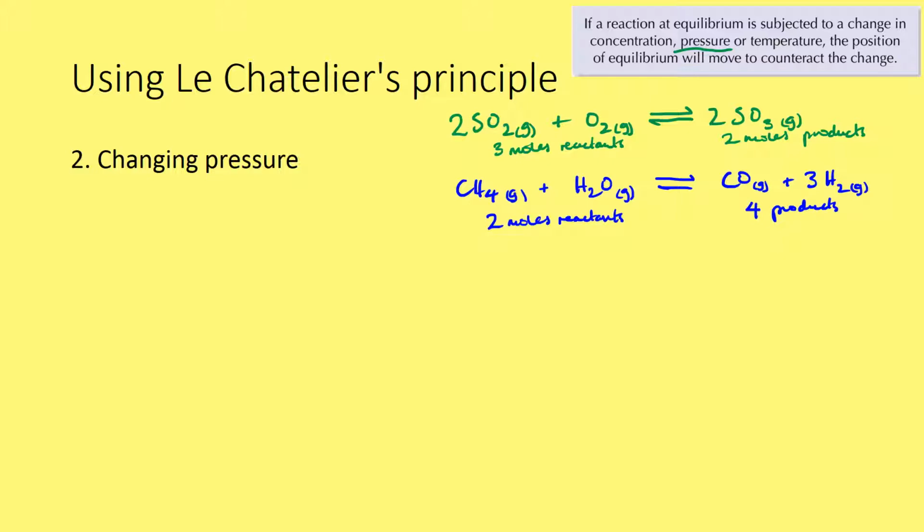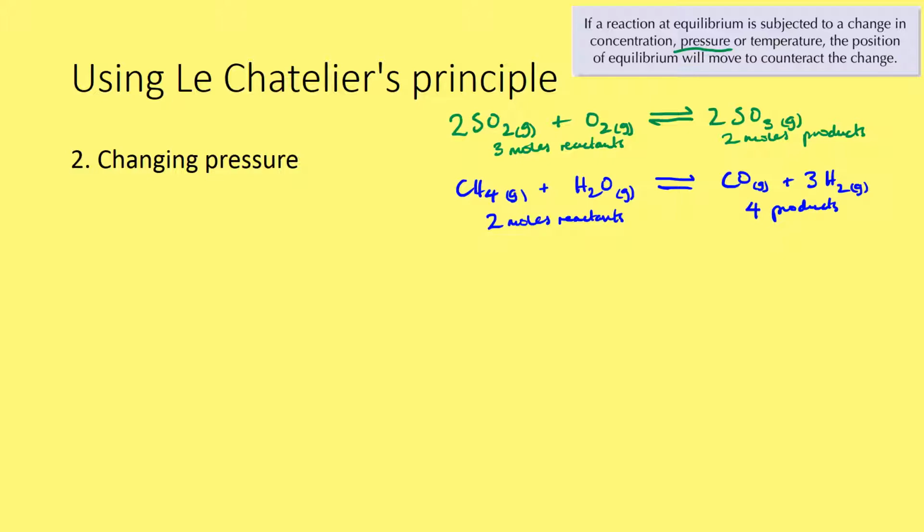So there's a different number of moles on each side. In our green reaction, our sulfur dioxide reaction, we have fewer moles of products than reactants, whereas with our methane reaction, we have more moles of products than reactants. Okay, so the change in the pressure will affect these different types of reactions differently.